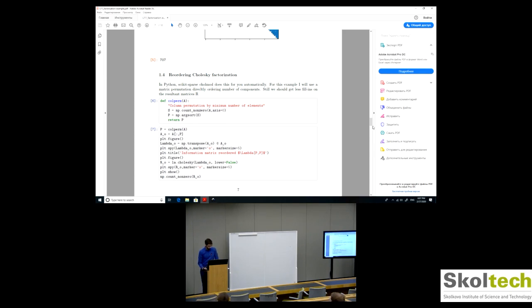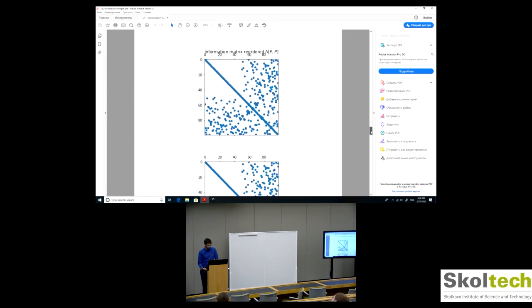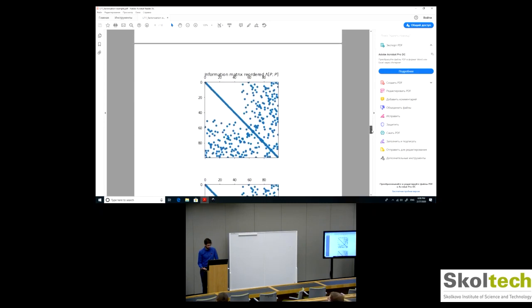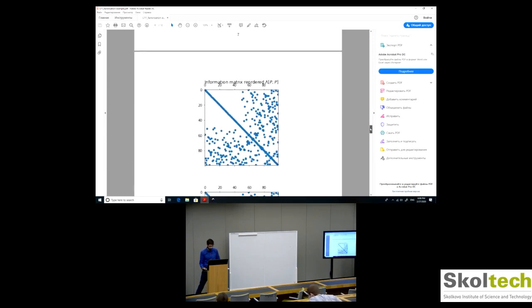So, well, we do this, we permute our adjacency matrix, and this is how it looks, the permuted information matrix. So here what I'm doing is permuting, counting the number of neighbors, number of edges, and it looks kind of similar as before, right?